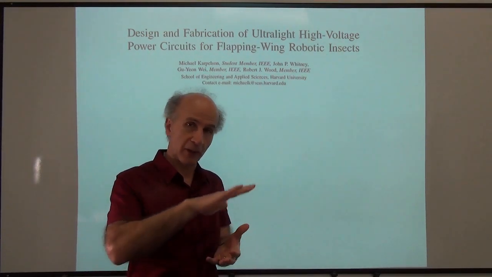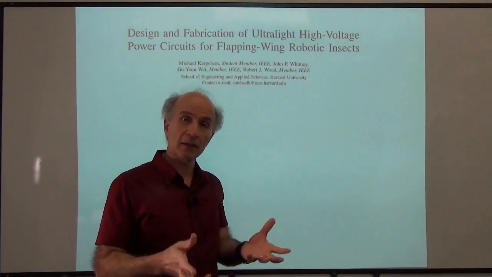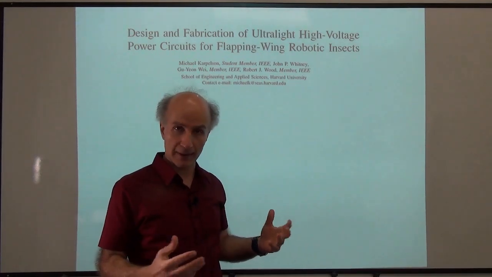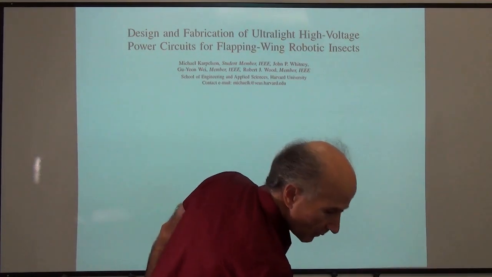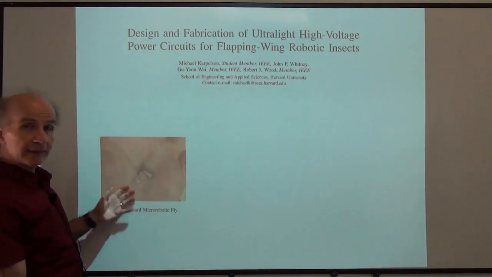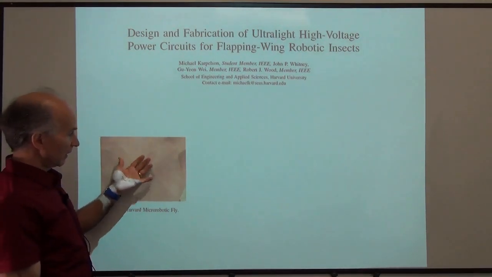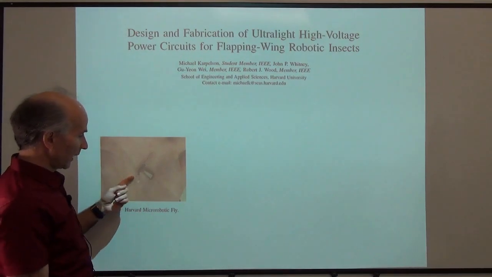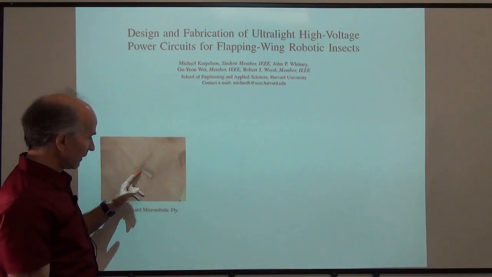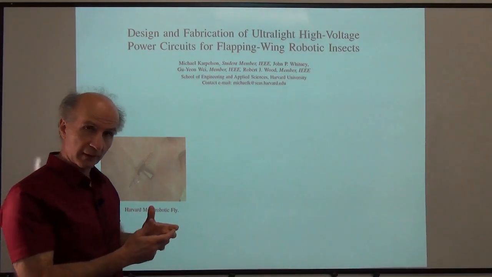For example, they can fly over a fire and collect information. They can go into the battlefield and collect information, etc. So they are very small and very light in weight. So here's a hand, and here's the flapping wing micro robot.